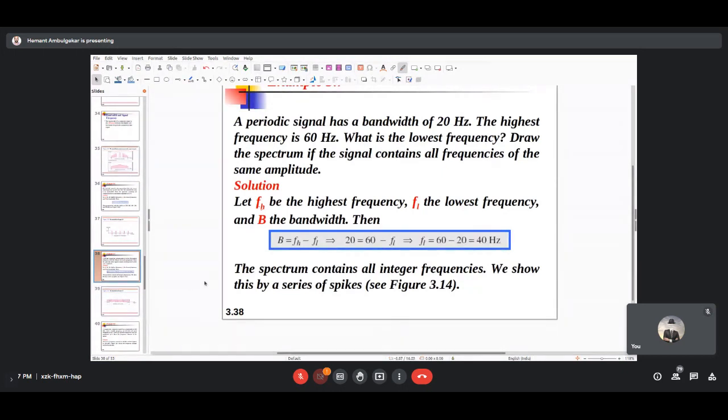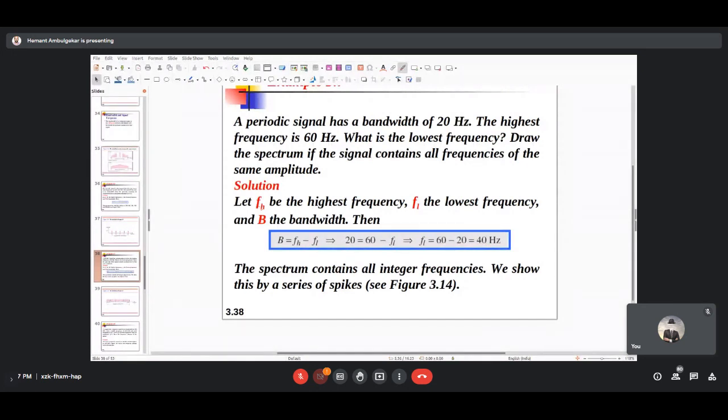Now here is one more example. In this example, we have a periodic signal with a bandwidth of 20 hertz, and the highest frequency is 60 hertz. What is the lowest frequency? And we have been asked to draw the spectrum.